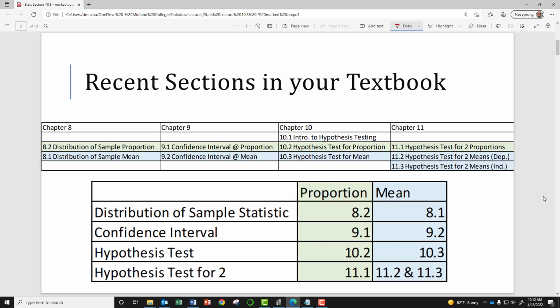Of course, there's two different cases for the population mean. Either these are dependent or independent sampling methods. So there's two different sections for that in your textbook. But again, what we're doing right now in this video is a hypothesis test about the population mean in 10.3.